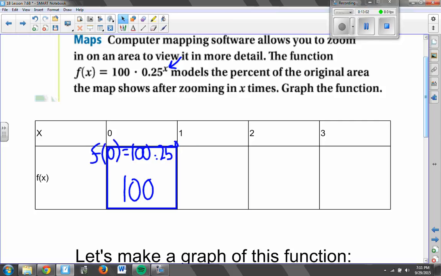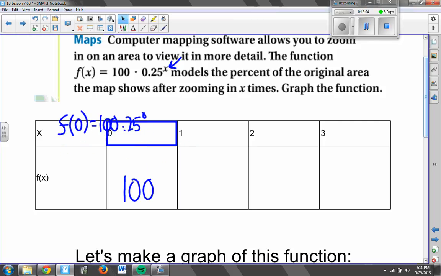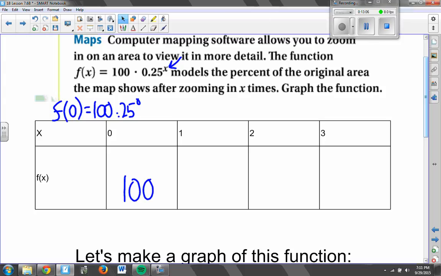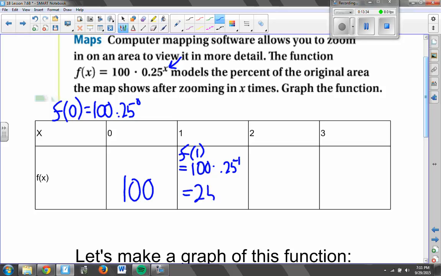Now, when x equals 1, f of 1 equals 100 times 0.25 to the 1 power. And we know that 0.25 to the 1 power is just 0.25. So we need to take 100 times 0.25, and our answer should be 25.